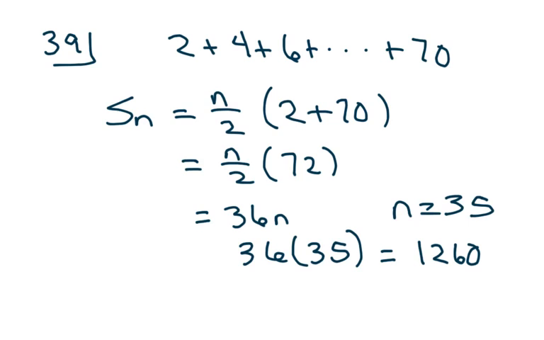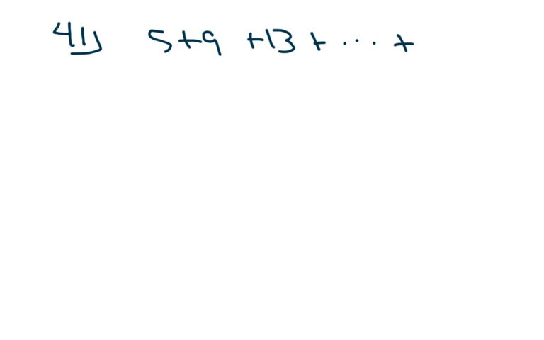Okay, let's do another one like that. Let's do 41. We have 5 plus 9 plus 13 plus ... plus 49. Common difference is 4. So what we're going to do on 41 is let A1 equal 5.